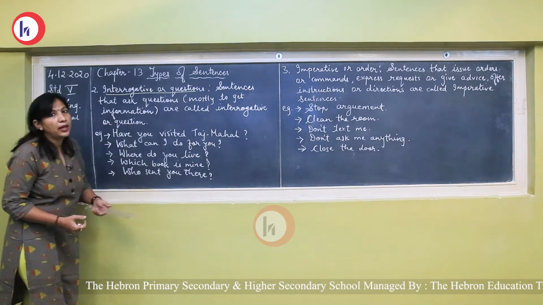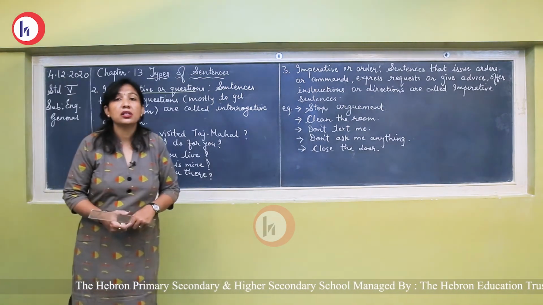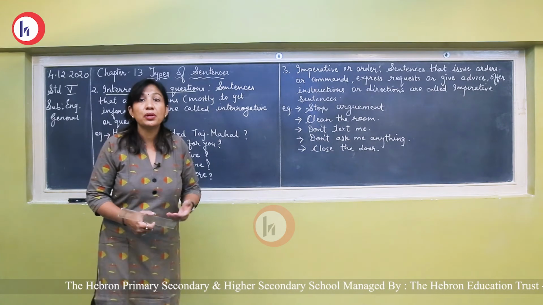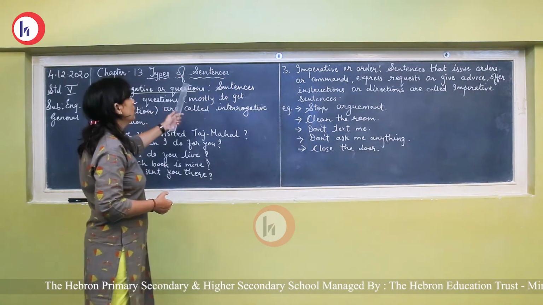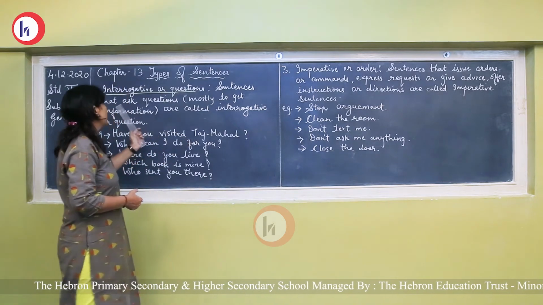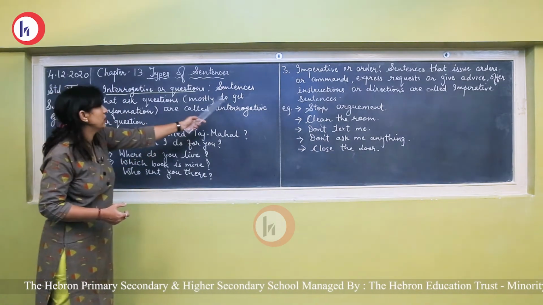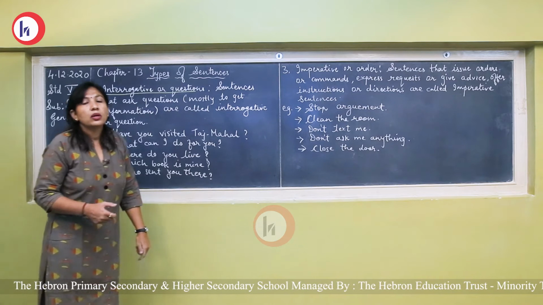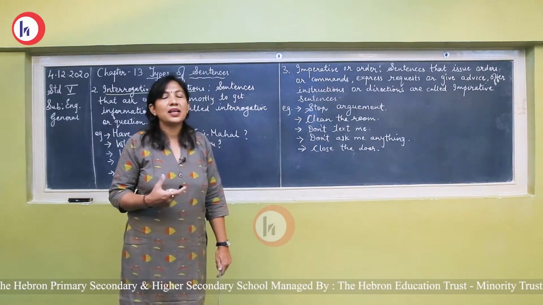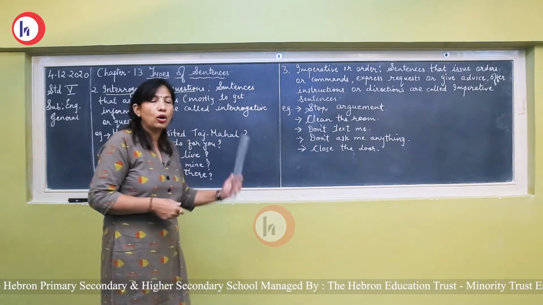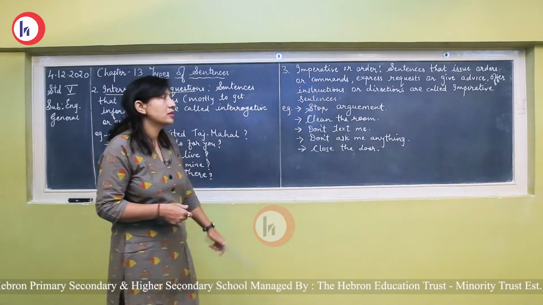Who sent you there? You are standing there, but who sent you? That's why it is called interrogative or question type sentences. We ask the question to get the information and all these types of sentences are called interrogative sentences.